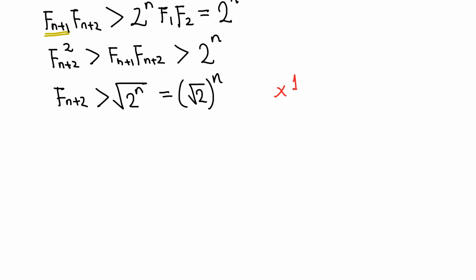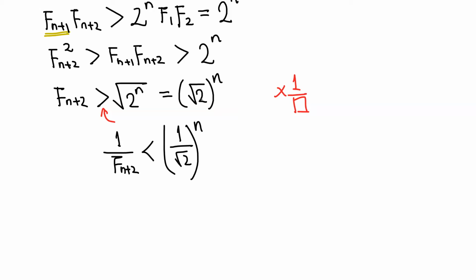And now let's take the reciprocal of this inequality. When doing so, the direction of the inequality sign changes. So we have 1 over Fn+2 is less than 1 over square root 2 to the power of n. And of course, this is still positive.